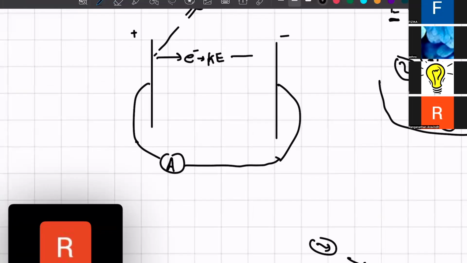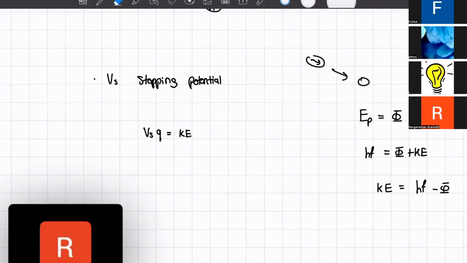So it will go here, then turn back. But if the kinetic energy is larger than the potential difference times the charge, then it will reach here, and there'll be current. If it doesn't reach, there'll be no current, because the electrons cannot reach the other plate. So this is what the stopping potential is defined by.